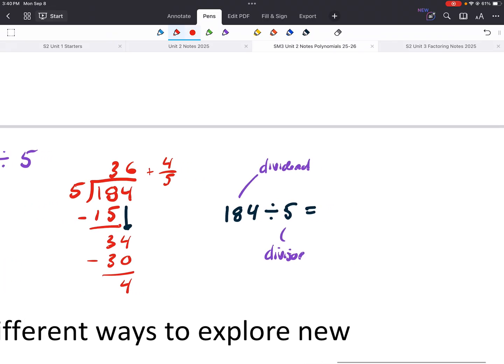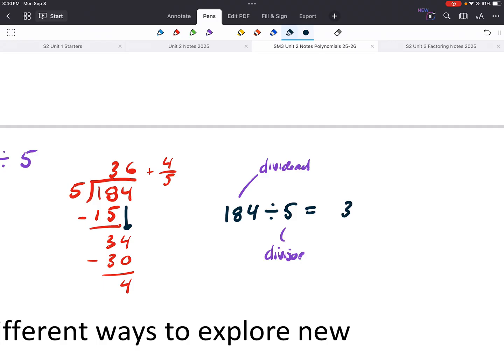Let's do a quick reminder on what we call each of these parts. Our big number, what we're trying to go into, is called your dividend. The amount that's going into that number is called the divisor. And when I ask you to write your answer in the future, even if it's just long division or when we're dividing polynomials, our answer is going to look something like this.